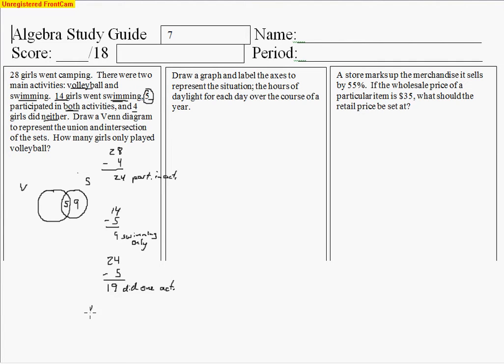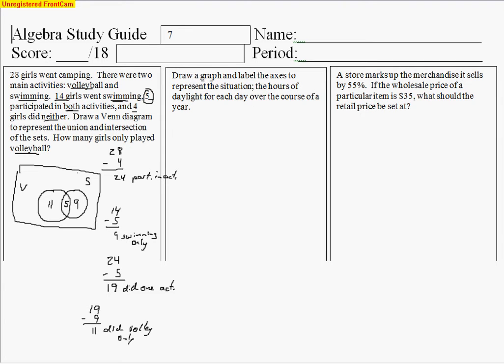So now I can just take the 19 and subtract those 9 people who went swimming only, and that leaves me with 11. So 11 did volleyball only. And so that's the answer for this problem. So there it is, our Venn diagram. The Venn diagram shows the answer for how many girls did volleyball.